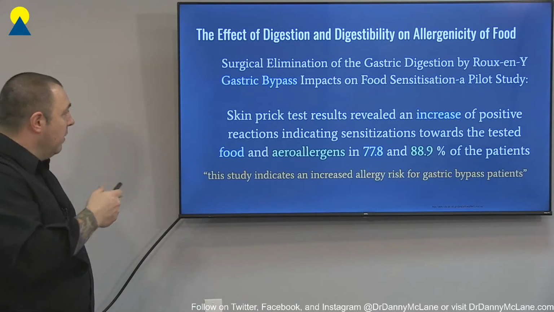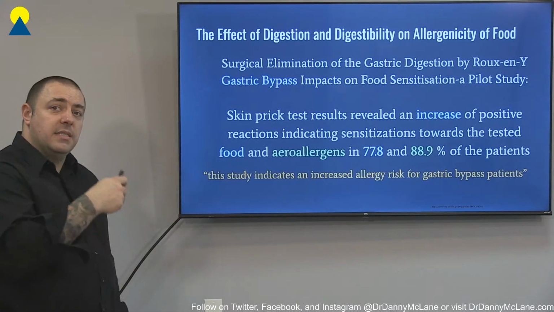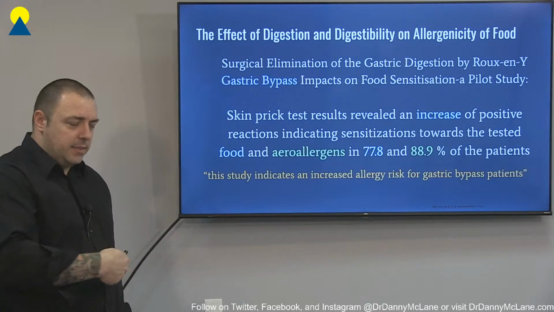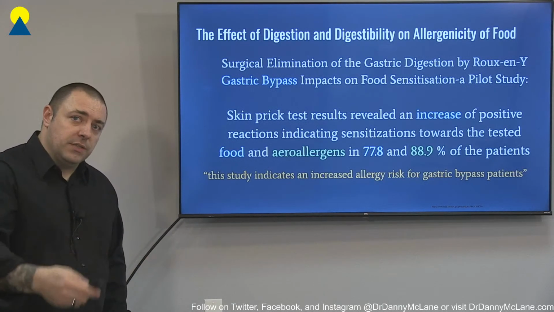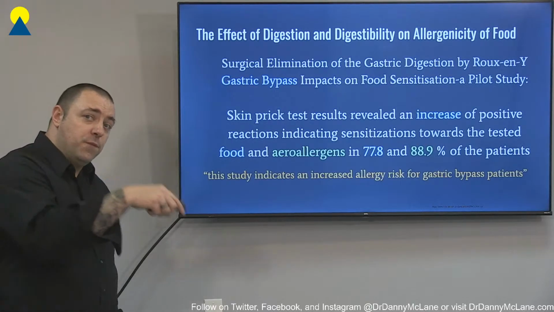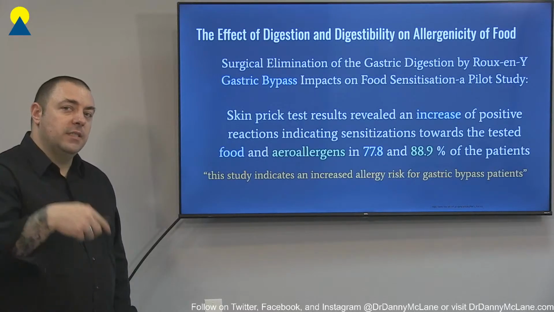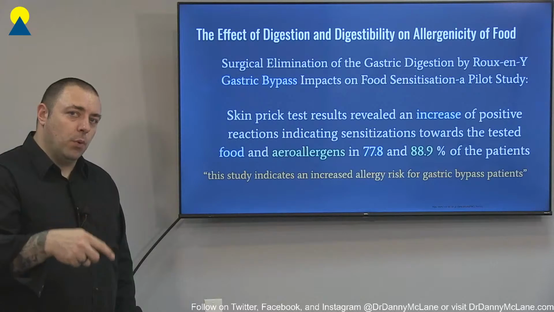Now, the thing that really hits home for me is if you don't have a stomach, in this case, they had it removed or bypassed, but even if your stomach doesn't work as a stomach should, it increases your risk for allergies both in food and airborne. If you don't have a stomach or a functioning stomach, you have a higher risk for developing airborne allergies.